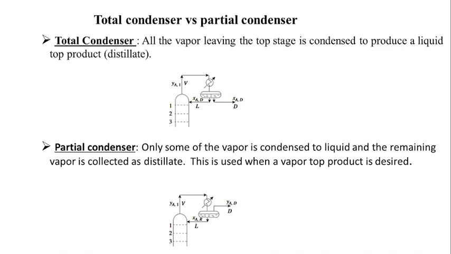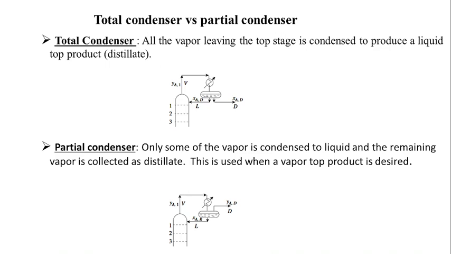So the condenser does not condense the entire vapor which enters from the top tray. It partially condenses the vapor, and the condensed liquid, either totally or in part, is sent back as the reflux.